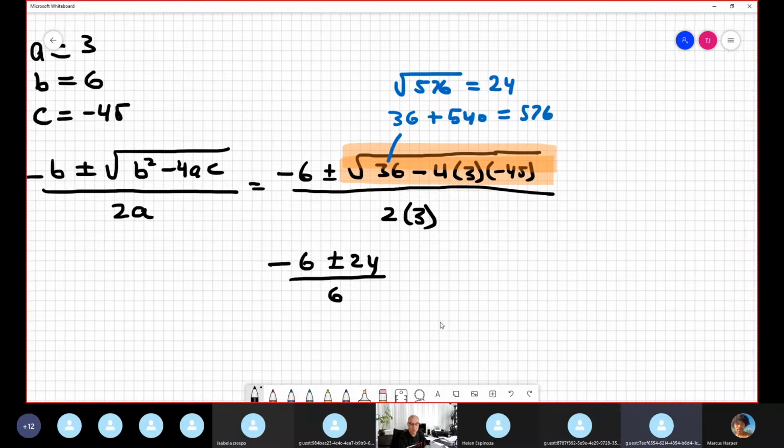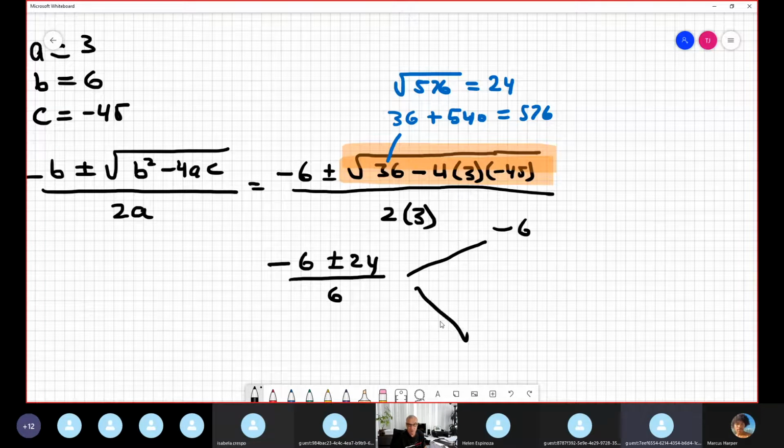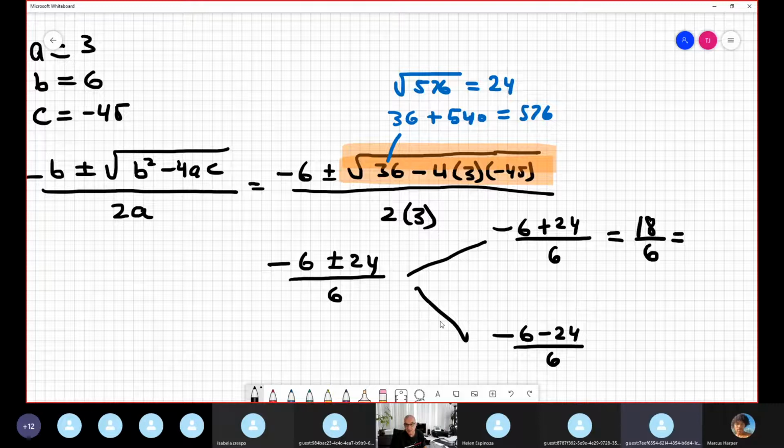You can simplify now, or separate: negative 6 plus 24 divided by 6, and negative 6 minus 24 divided by 6. 24 minus 6 is 18, and 18 divided by 6 is 3. And negative 24 and negative 6 together is negative 30, divided by 6 is negative 5.